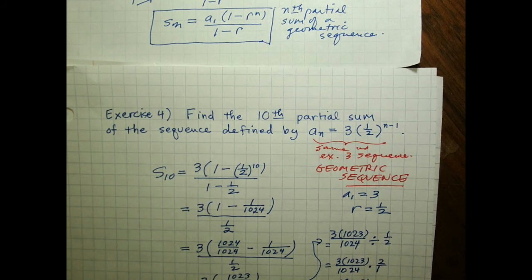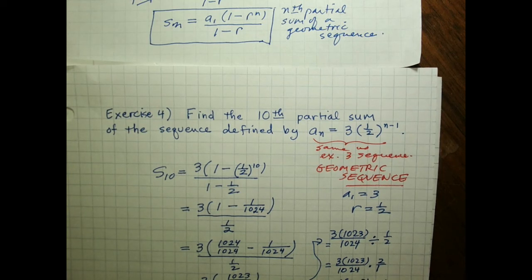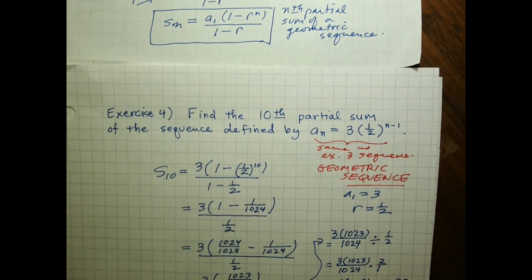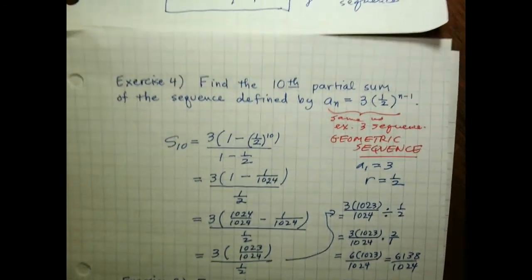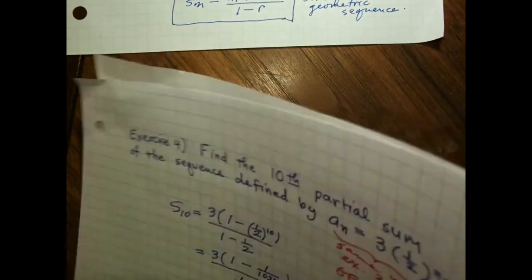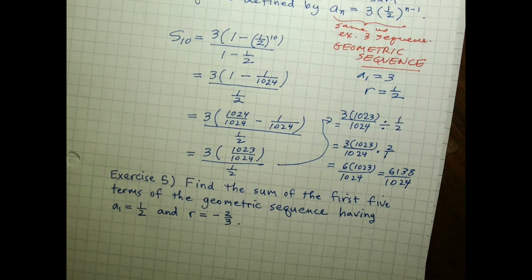And don't get all worried about reducing that. Let me just multiply 1,023 times 6, which is 6,138. I guess there's a little bit of reducing we could do there. We could divide by 2 above and below.